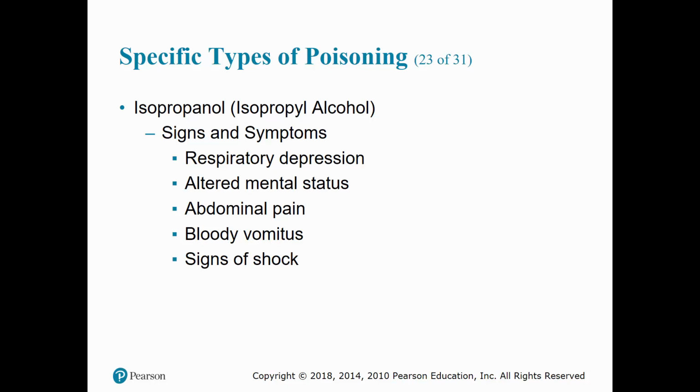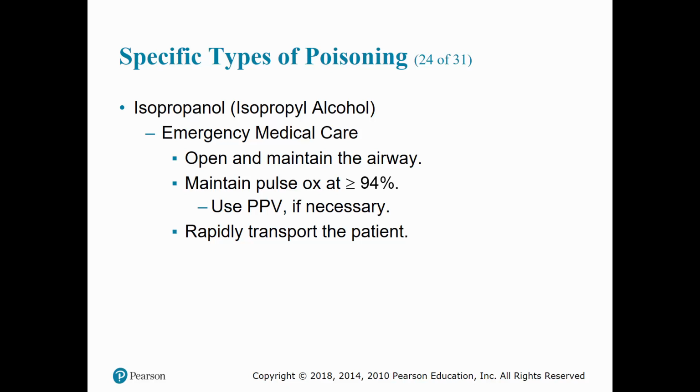Isopropanol acts as a central nervous system depressant, causing respiratory depression, and can also cause altered mental status. The patient may also present with bloody vomit. Care of the patient is to try to maintain a patent airway, maintain an O2 sat of at least 94%, and transport the patient to the hospital.